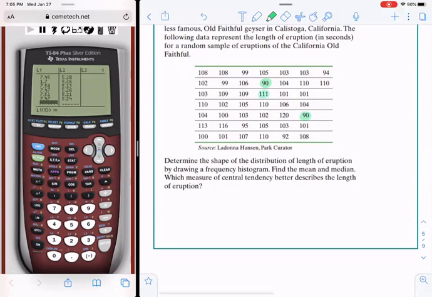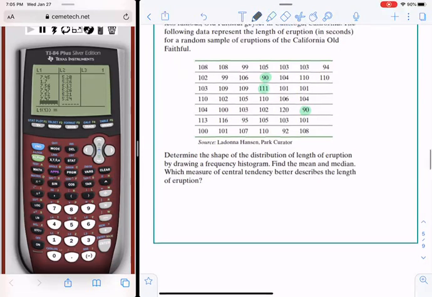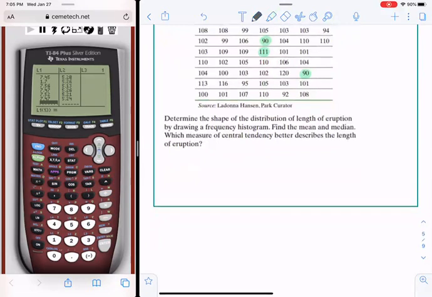So it's right over there. So we have a span about 90 to 111. So let's define our class width. I'm going to go for a class width of, say, 3.